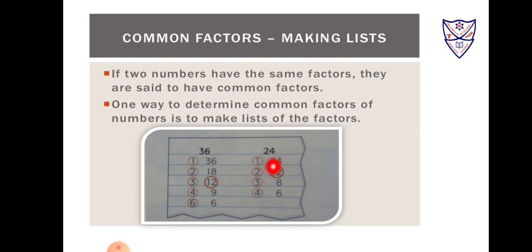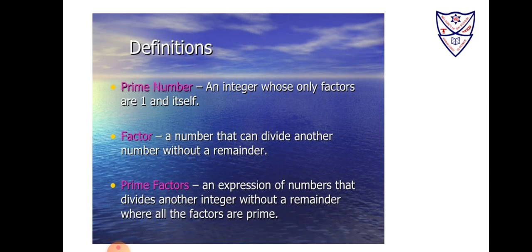And factors of 24 are 1, 2, 3, 4, 24, 12, 8, 6. From these numbers, which are the common factors? 1, 2, 3, 4, 12 and 6. So these are the common factors. Students, if two numbers have the same factors, they are said to have common factors.